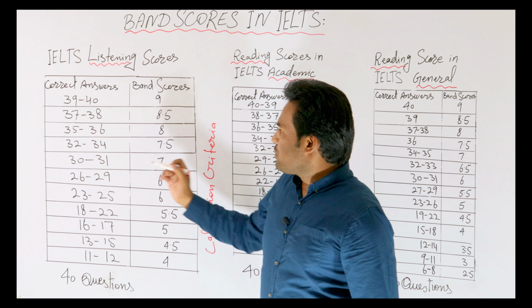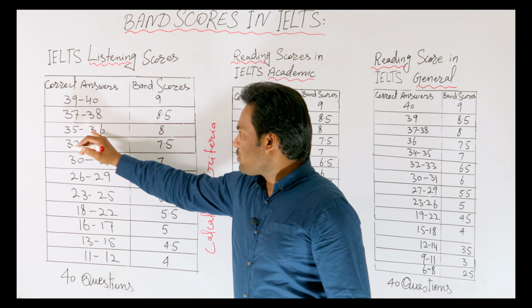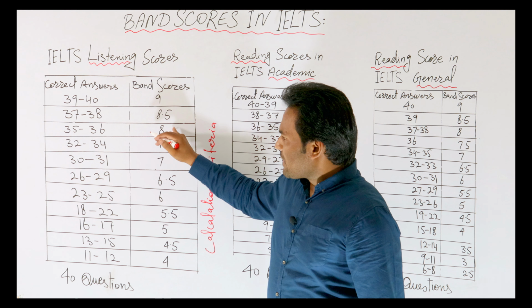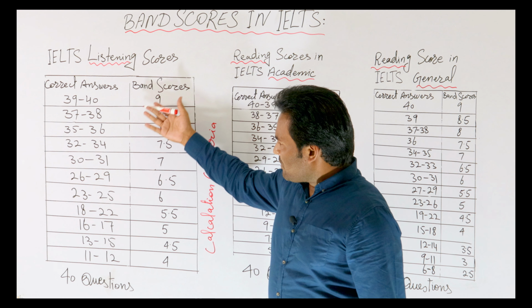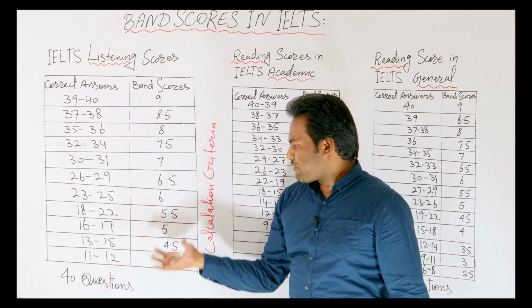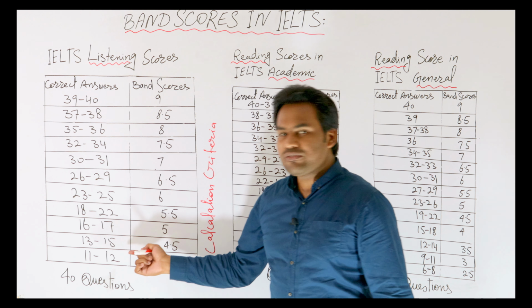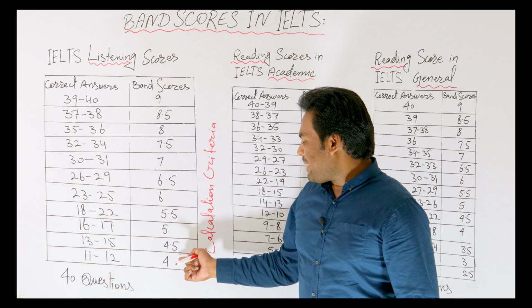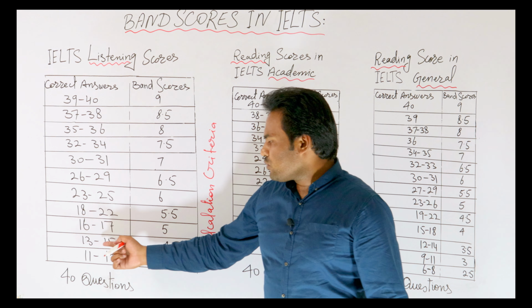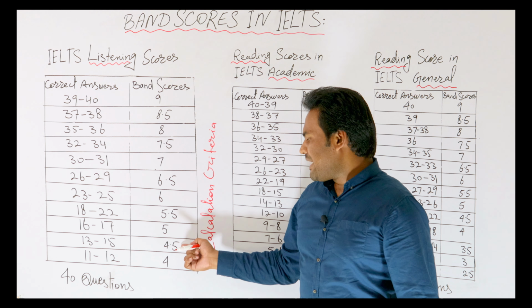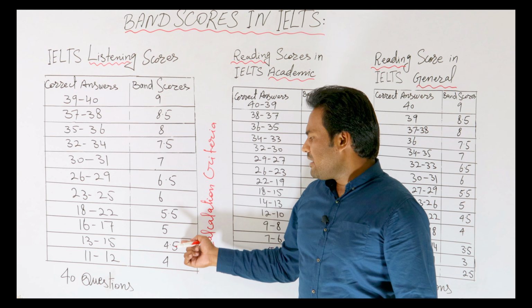If you have solved 35 to 36 correct answers, your score is 8. Similarly, this chart is in front of you, and if you have solved 11 to 12 correct answers, your band score is 4. And if you have solved 13 or 15 correct answers, your band score is 4.5.